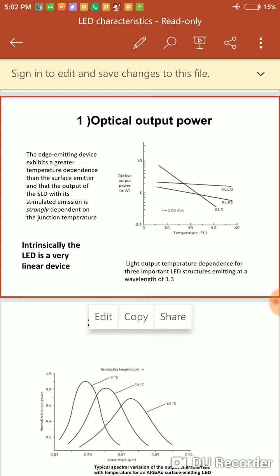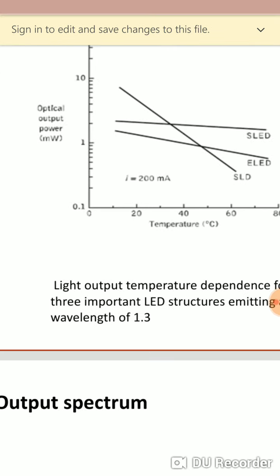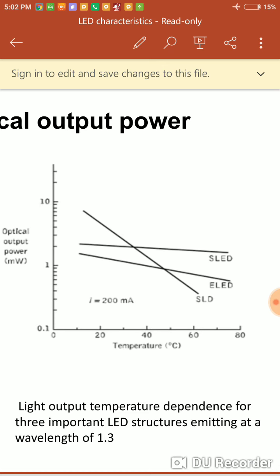In the graph, the output characteristics are compared for 3 LEDs. Mostly all these characteristics are compared with respect to 3 LEDs: superluminescent LED, surface emitting LED and edge emitting LED. SLED stands for surface emitting LED, ELED stands for edge emitting LED and SLD stands for superluminescent LED.